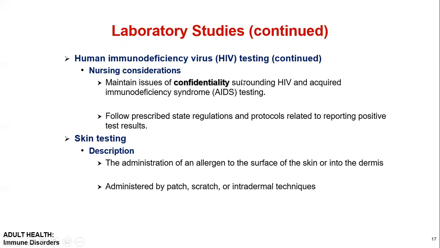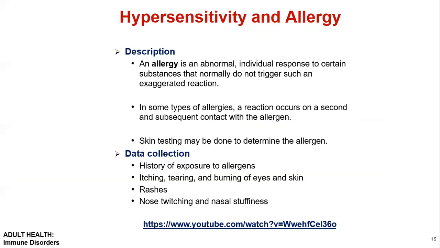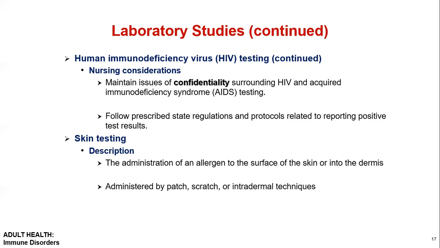So confidentiality, privacy is important. Follow the prescribed state regulations and protocol related to reporting positive test results. So HIV patient, when we intervention or when we maintain with them, it is very important to maintain a good diet for HIV and AIDS patient.